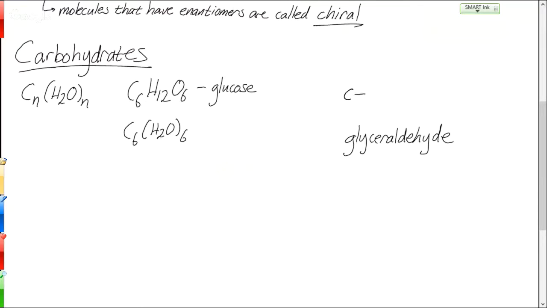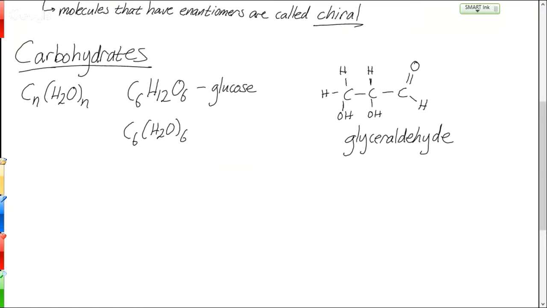It has 3 carbons, with an OH on each of the 2 carbons here. And then the last carbon is an aldehyde. And most sugars have that type of structure.